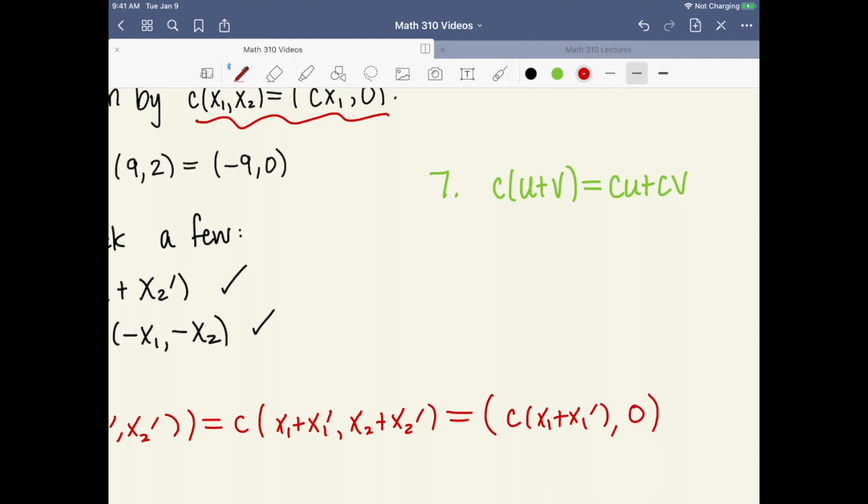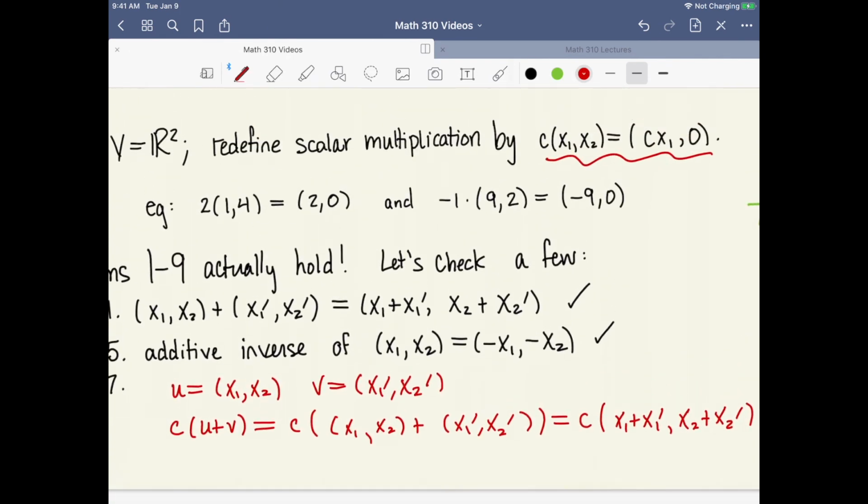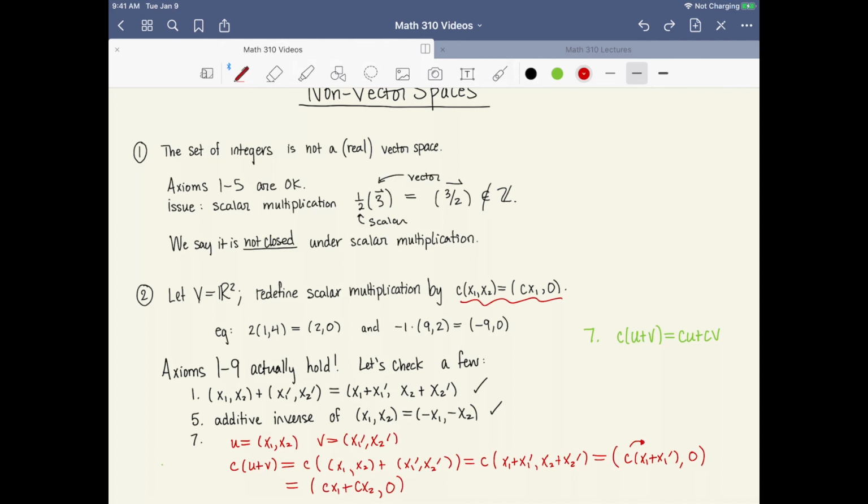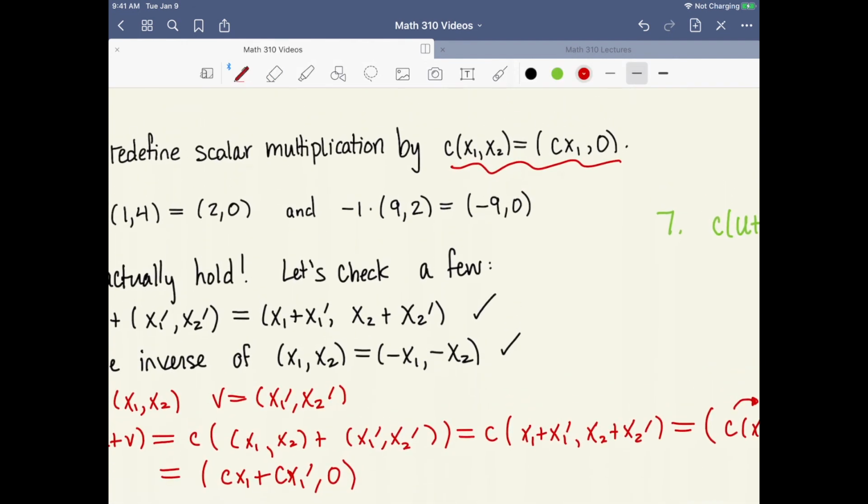Okay, now we can continue manipulating this expression. Let's distribute the c into this parentheses, just using how real numbers work, following the rule for bona fide real numbers. So that'll give us, in parentheses, which is our vector notation, cx1 plus cx1 prime, comma 0. And then we can split this up as the sum of 2 vectors. This is equal to cx1, 0, added to cx1 prime, 0.